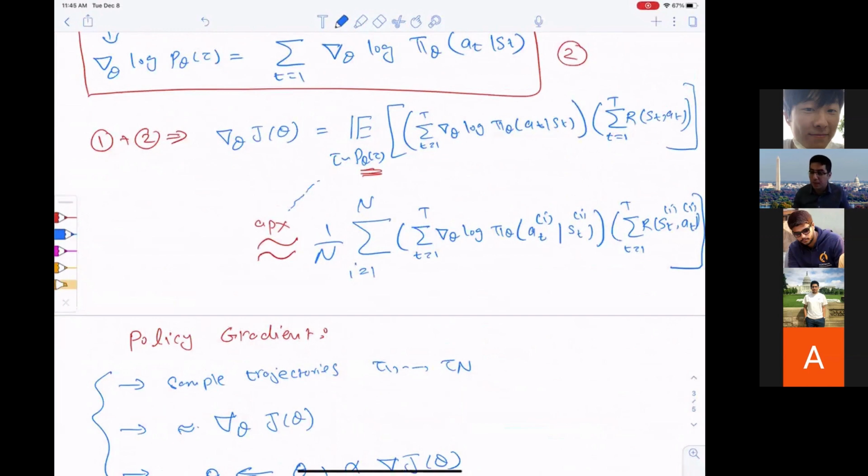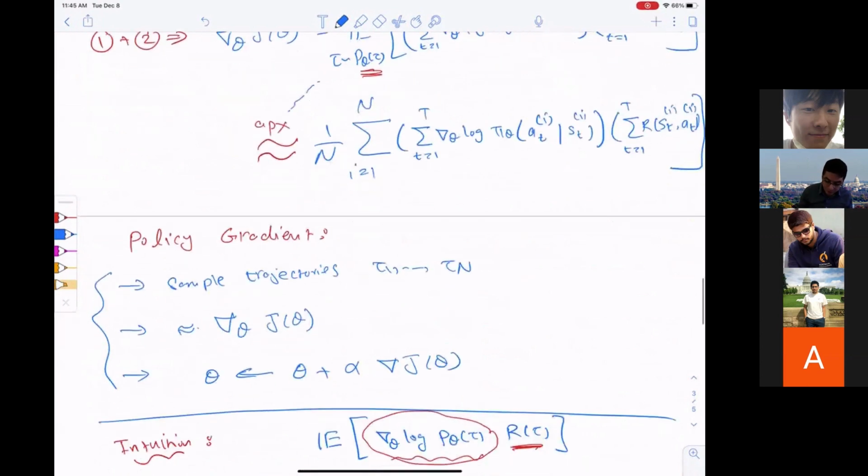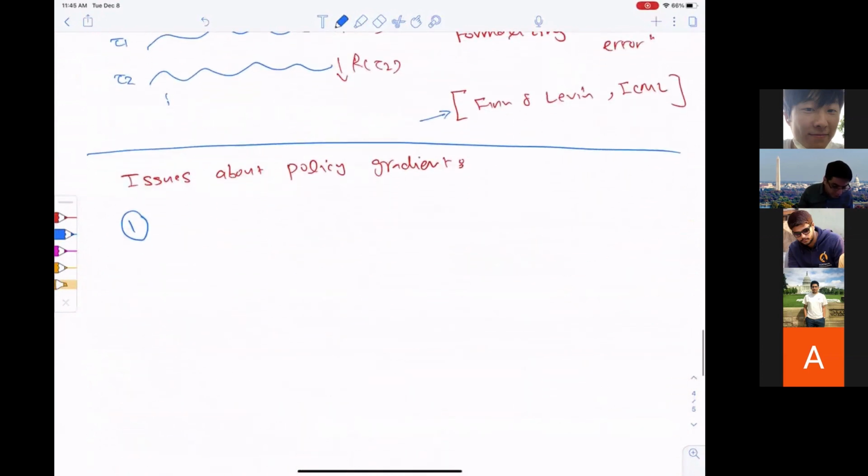And one of you asked this question, okay, so how many samples do we need in order to have a good approximation? So in general, we may actually have a really high variance of the gradient estimation. The estimator is unbiased. Of course, if n, the number of trajectories you have, goes to infinity, it will converge to the actual expectation, but we may suffer from having a high variance in gradient estimations.